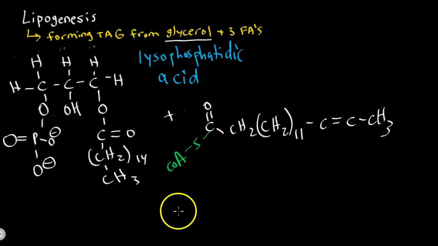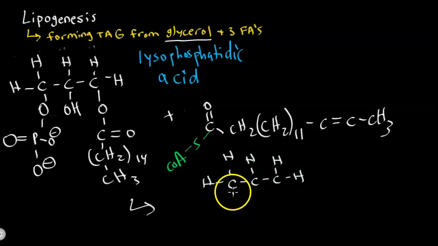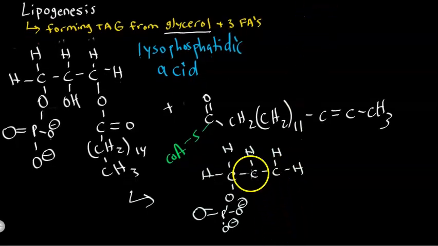So the end result is going to look like this. Again, we're still going to have our phosphate group on that first carbon, so that's not really going to change. But on carbon number 2, we're going to add our unsaturated fatty acid.